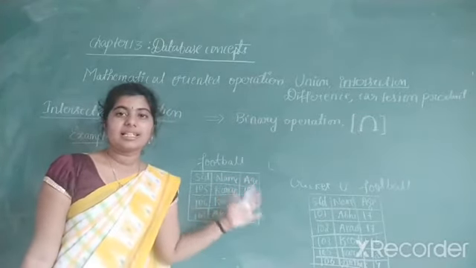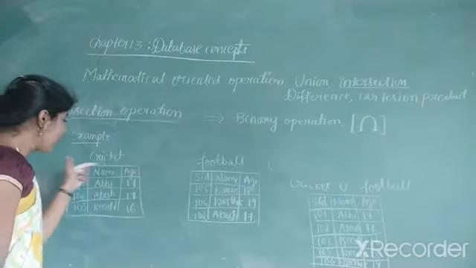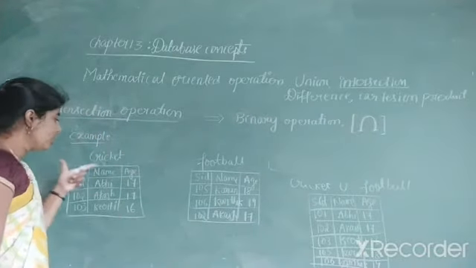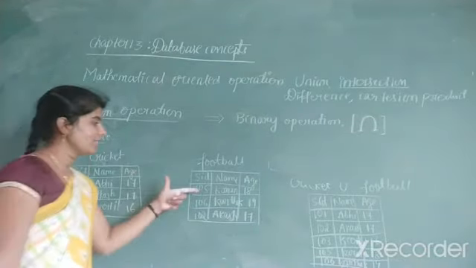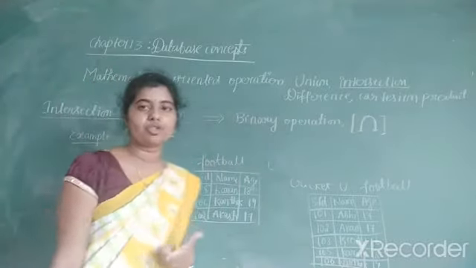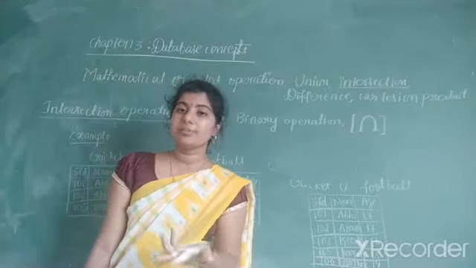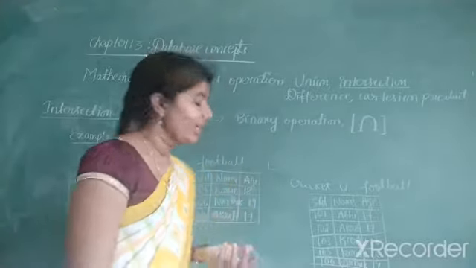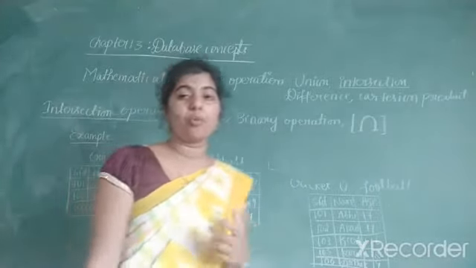The second rule is the names of the attributes should be the same. Here also SID, name, age, SID, name, age. And the third rule is they must have the same set of domains. Both relations must have the same set of domains.